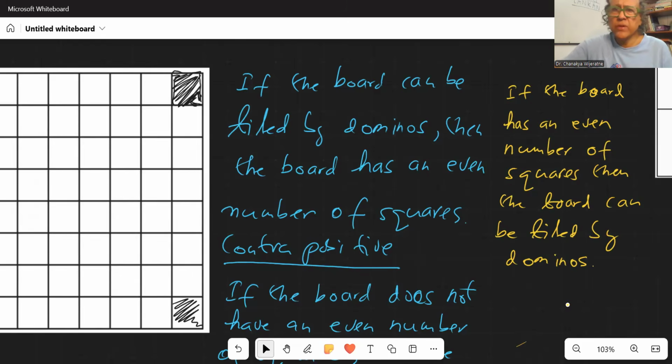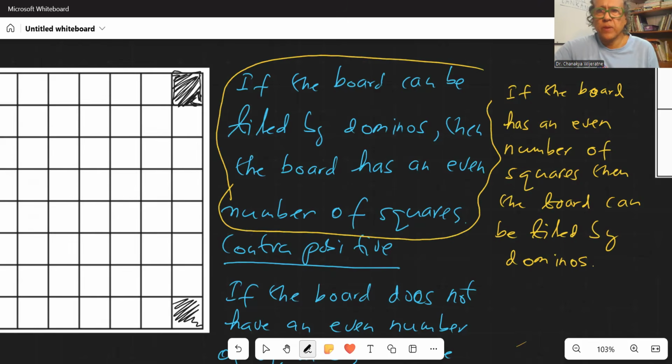So that's the converse of this statement. Is the converse of that statement true? If that is true, then this board can be tiled, and we don't need to actually do anything. We can use that result.